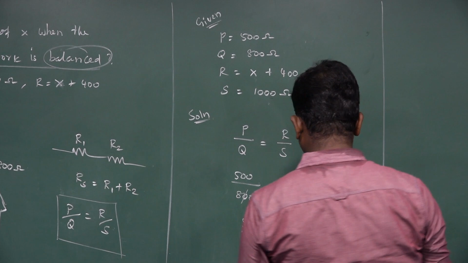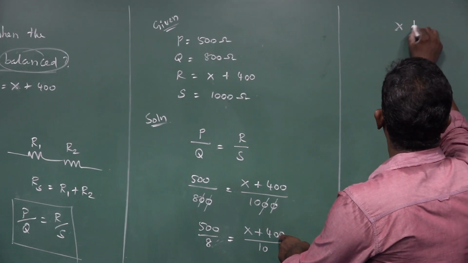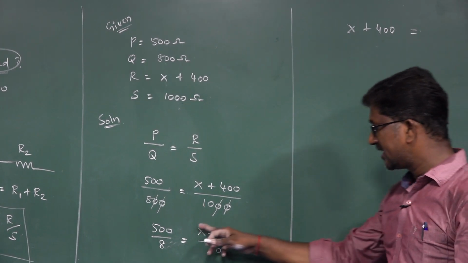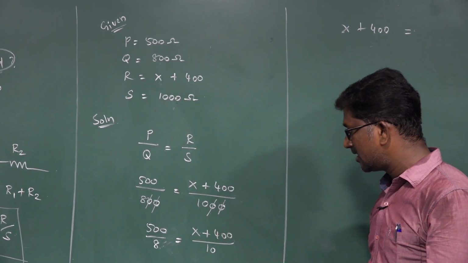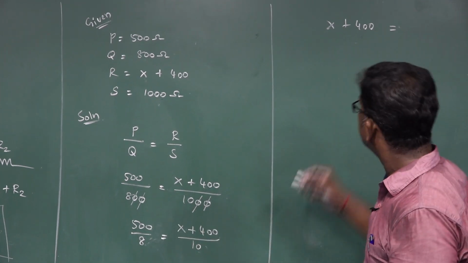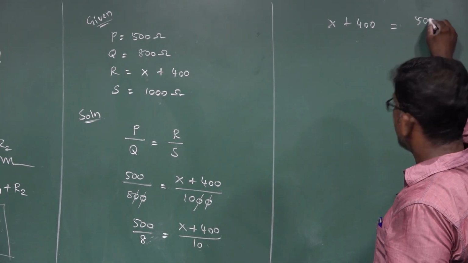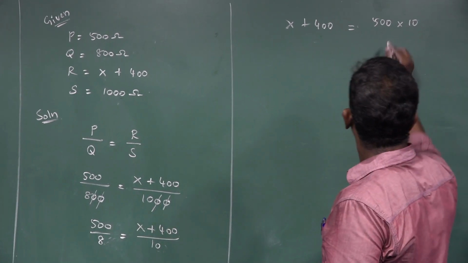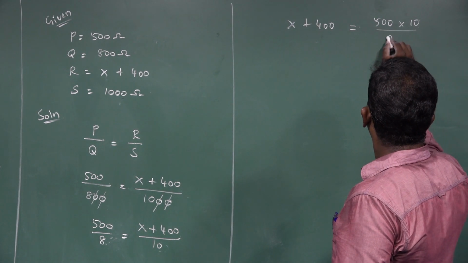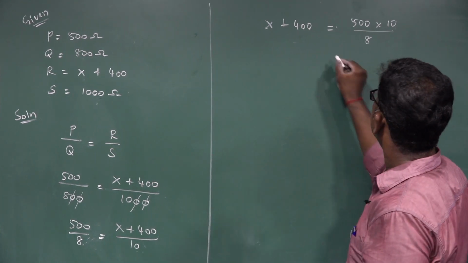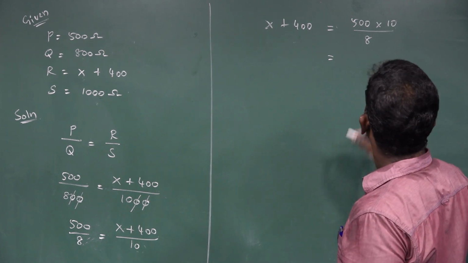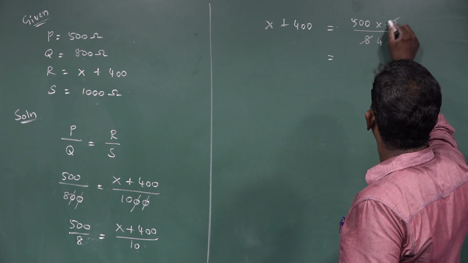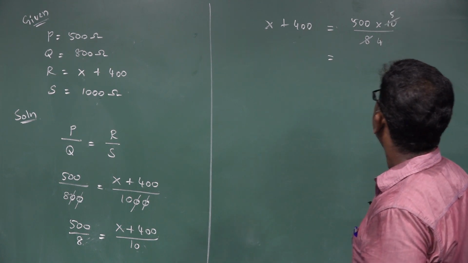Right. Or X plus 400 equal to, keeping X plus 400 here, and 10 is taken to that side. Then we can get 500 into 10, 10 goes to numerator. So 500 into 10 divided by 8, which is equal to, right, simplification, 4 2s are 8, 5 2s are 10.